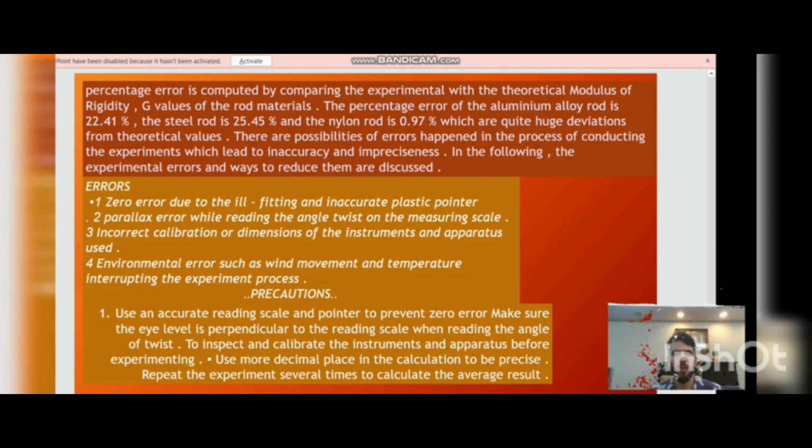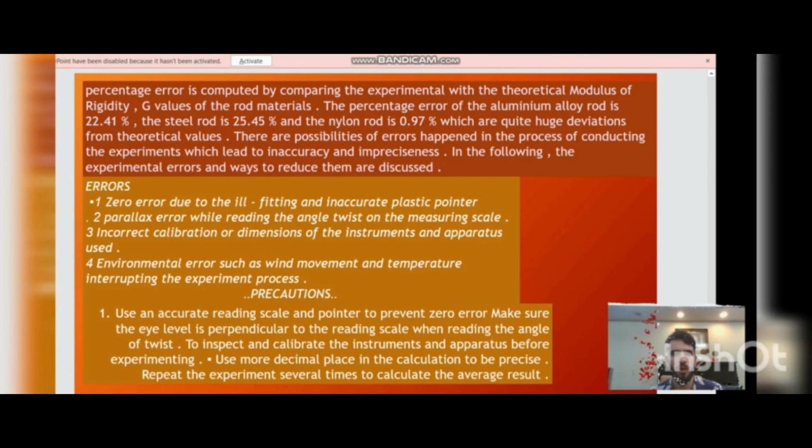Percentage error is computed by comparing the experimental with the theoretical modulus of rigidity G values of the raw materials. The percentage error of the aluminium rod is 22.41, the steel is 25.42%, and the nylon 0.97%, which are quite huge deviations.